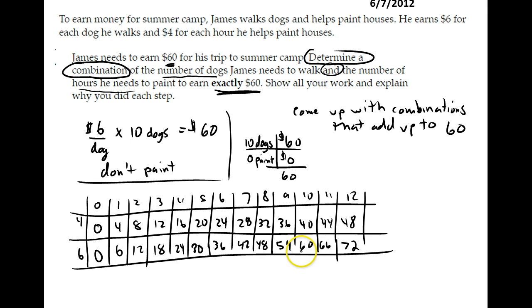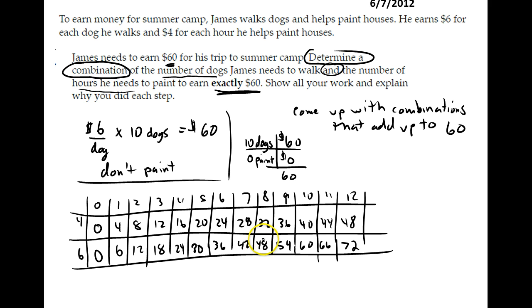Let's work backwards from 60. If he's going to walk 9 dogs, that would be $54. And we need $6 painting, but we're going to say that he paints only complete hours. He doesn't paint half hours. So that's not going to work out.